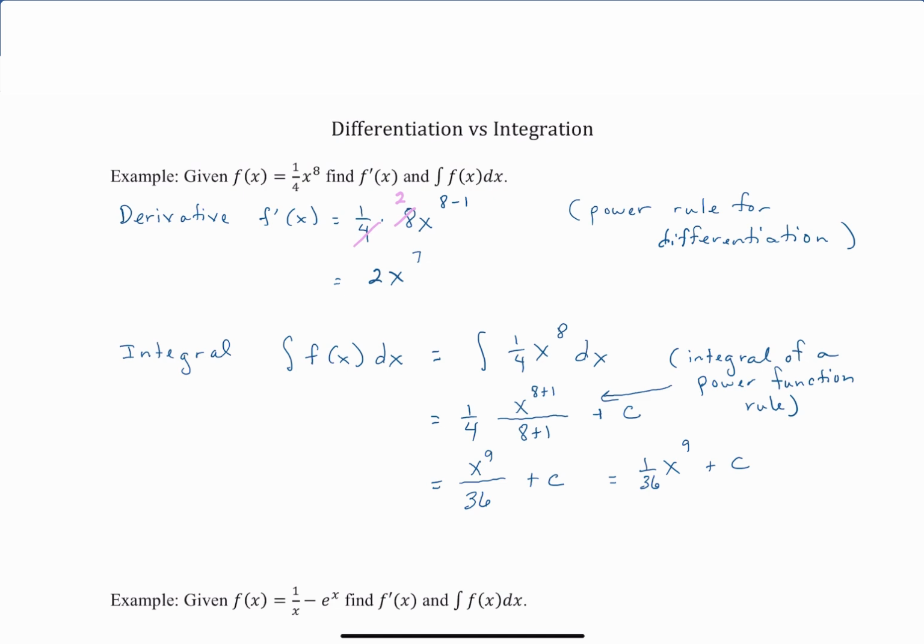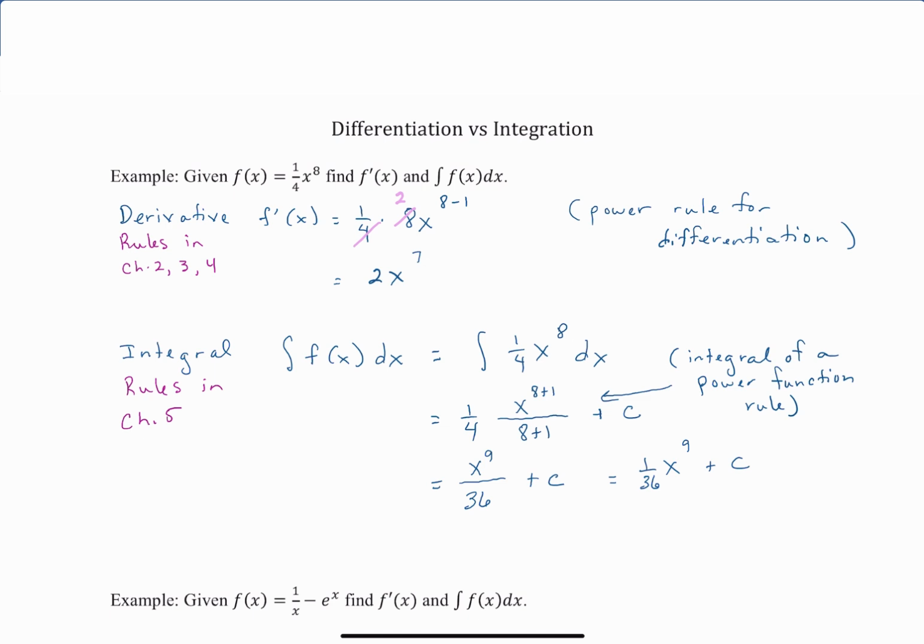Notice we used a different set of rules for differentiating than we do for integrating. The rules for differentiating can be found in chapters 2, 3, and 4. And the rules for integrating can be found in chapter 5.